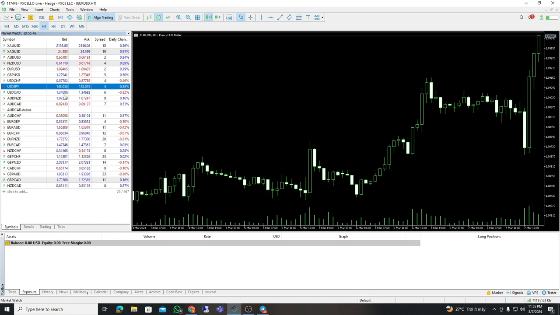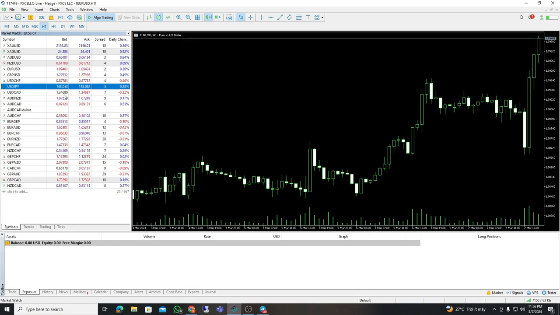Most importantly, test your EA on a demo account before trading on a real account to ensure that it works well on your chosen broker. And after you test on the demo account, try a cent account or a small amount of money on the live account, because sometimes a live account is very different from a demo account.